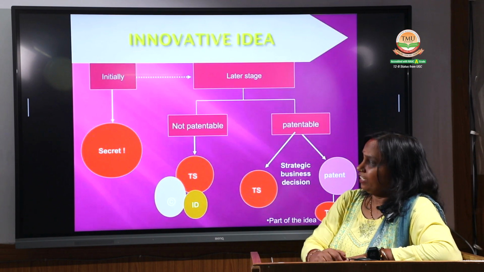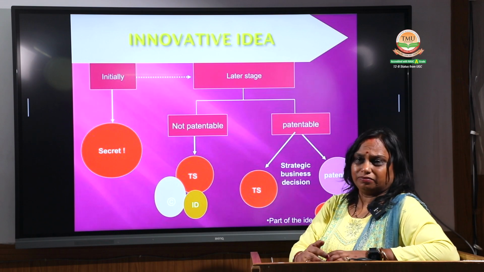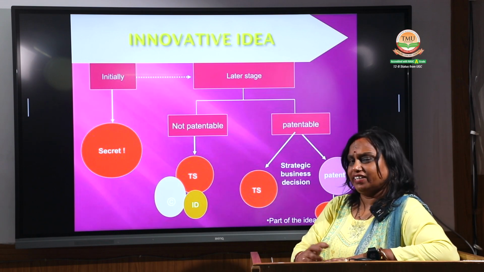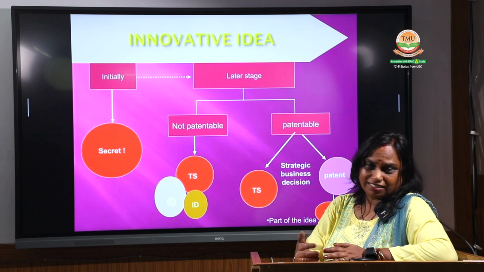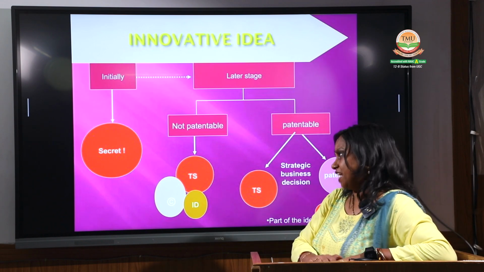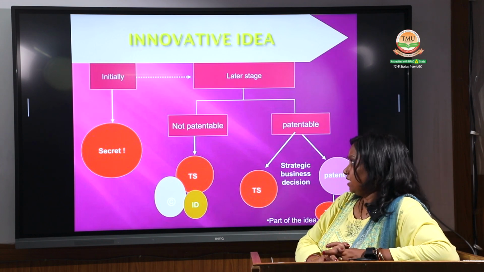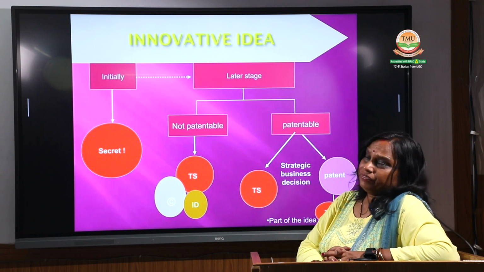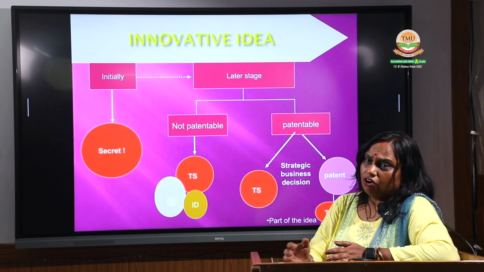Initially, any company, because going for a patent or any other intellectual property is a very complex and time-consuming process and is valid for a limited period of time, can go for the trade secret at the initial level. At a later stage, it can identify whether that particular invention is patentable or not.